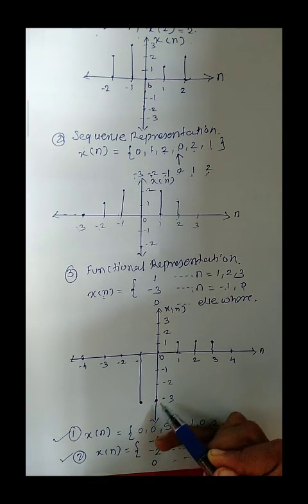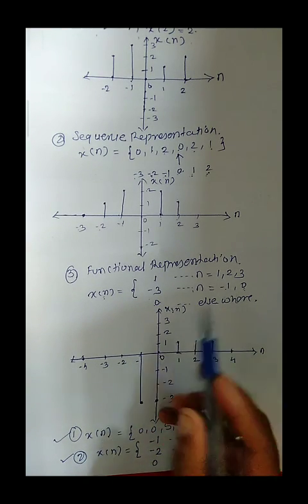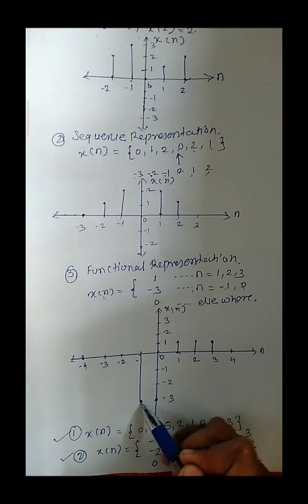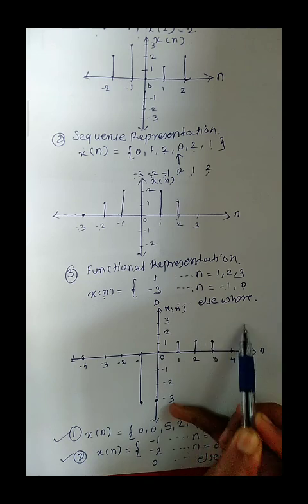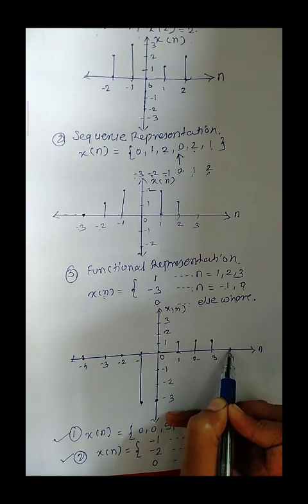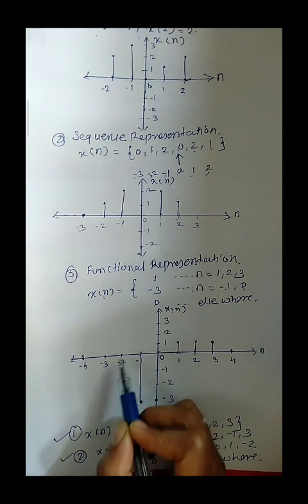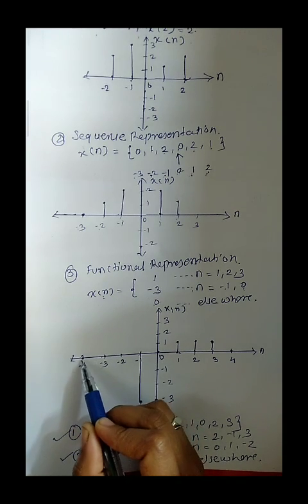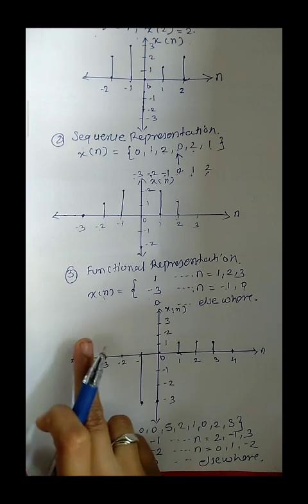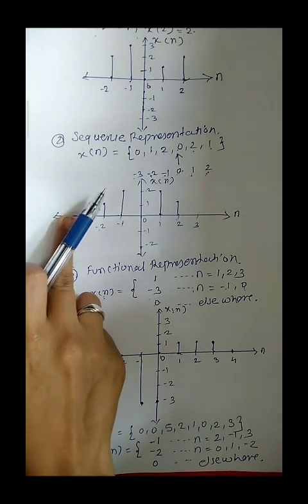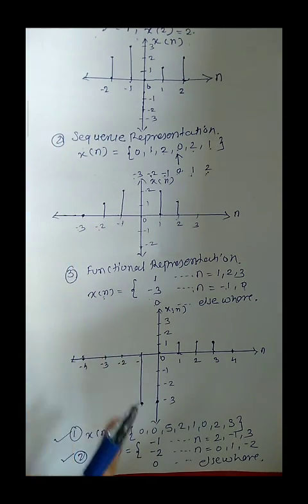For 0, minus 3. For minus 1, minus 3. And the value of x of n is 0 elsewhere. That means the other signals, this one, this one, this one, and this one, the value of x of n is 0. So this is a functional representation, this is sequential, and this is graphical.